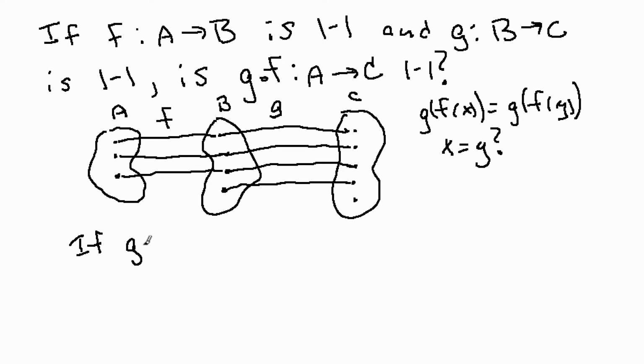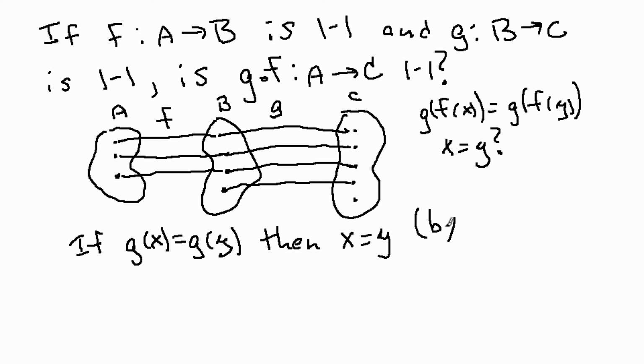Okay, but now let's suppose if g of x equals g of y, then x is equal to y. And I'm going to say over here, this is by assuming g is 1-to-1.